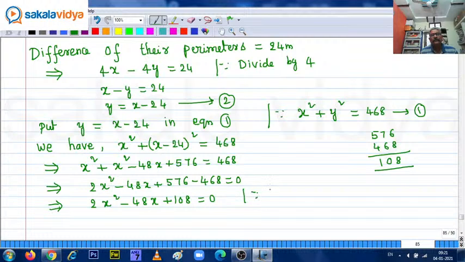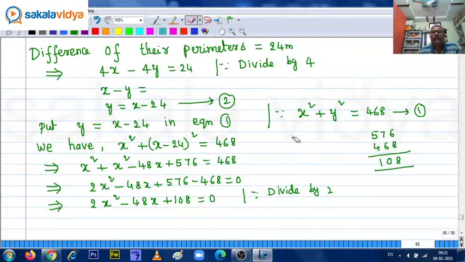Divide by 2. After dividing by 2, what do you get? When we divide by 4, that 24 also gets divided by 4. Where? Yes, exactly correct. I made a mistake here.